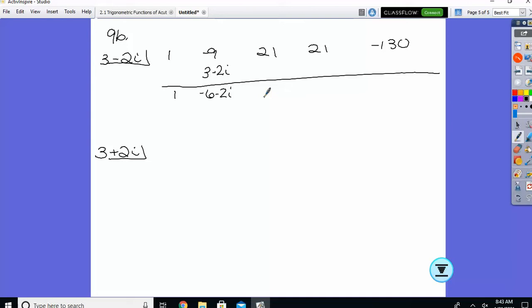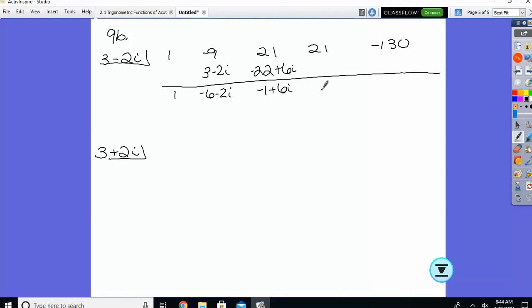So if you FOIL, you get negative 18 minus 6i plus 12i plus 4i squared. 4i squared is the same as plus negative 18, and then negative 6i and positive 12i is 6i. So if I add like terms here, 21 and negative 22 gives me a negative 1 plus 6i.